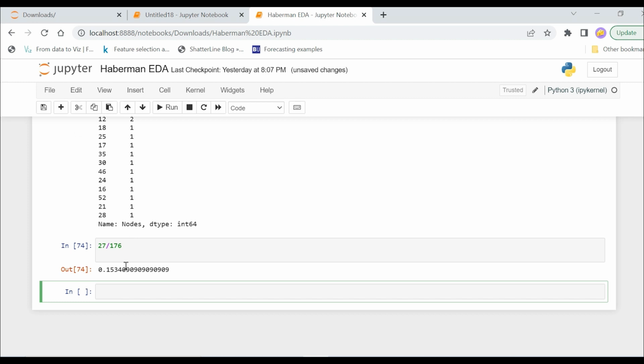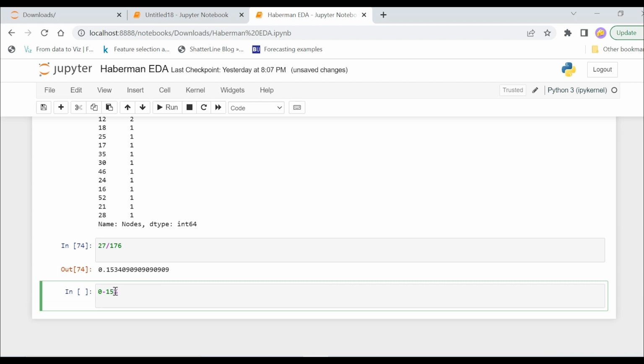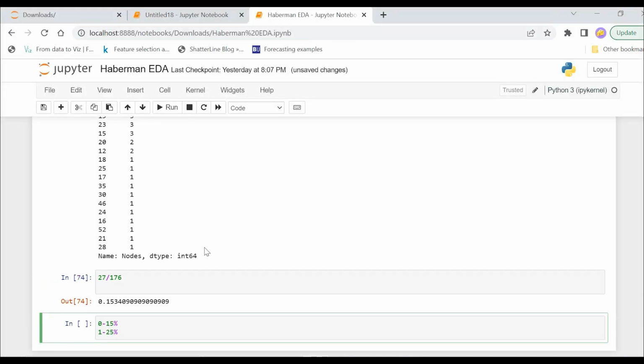If I run this, around 15%. So you can say people with node 0 have around a 15% chance of dying before 5 years. Node 1 will have a 25% chance.